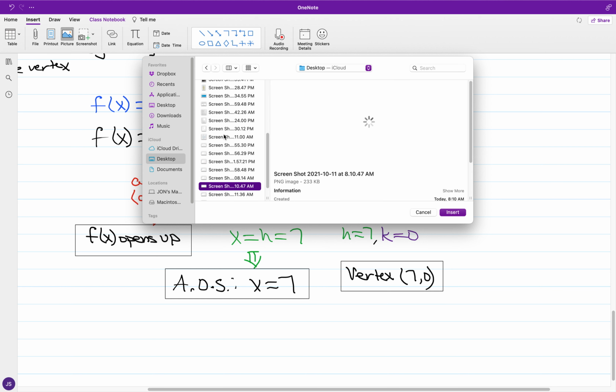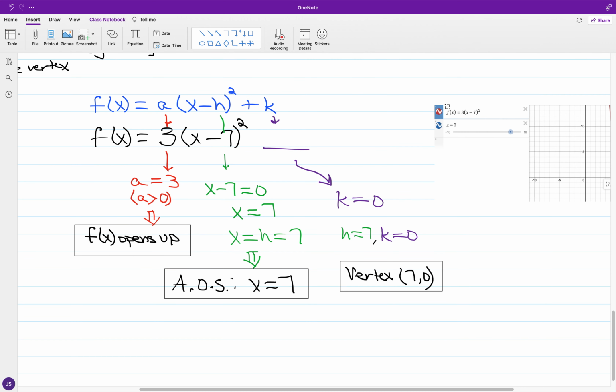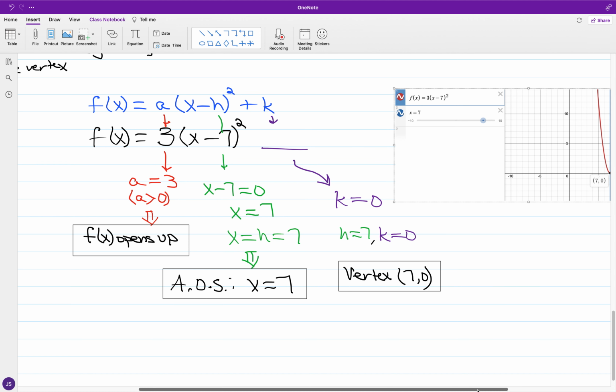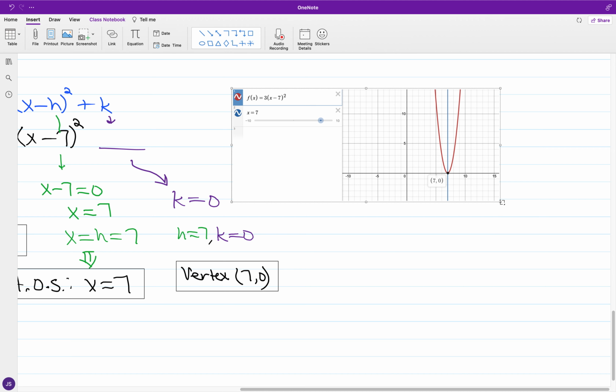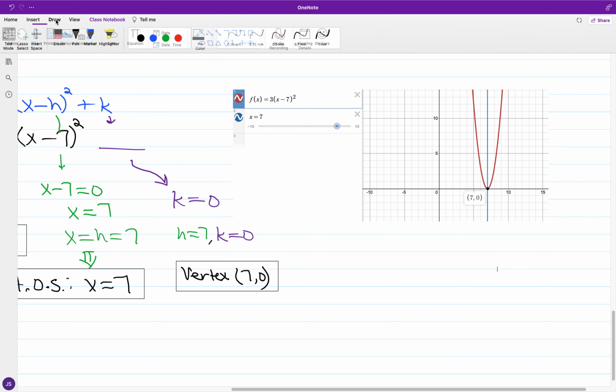And for the graph of this particular quadratic function, I have 3 times the square of x minus 7. And again, we have the axis of symmetry.